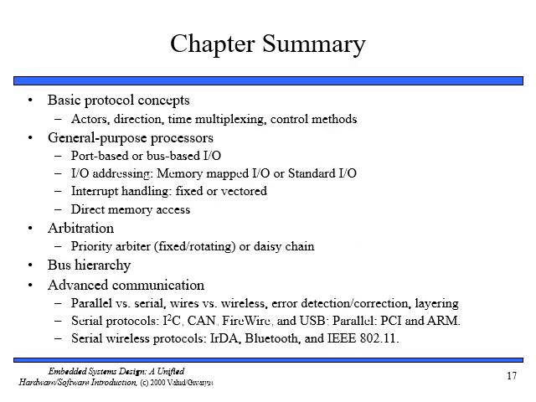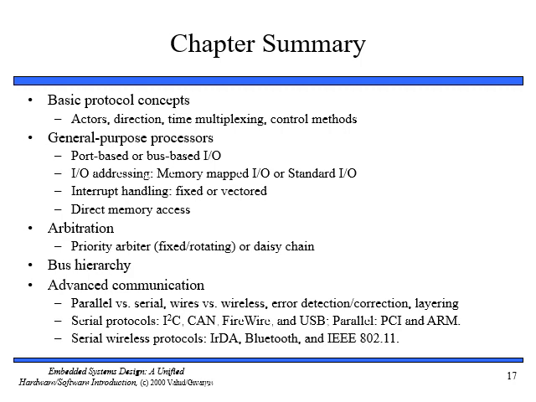So in this chapter we talked about the basic protocol concepts: the actor, direction, time multiplexing, control methods. We talked about general purpose processor interfacing, that is port based, bus based. We talked about IO addressing, that is memory mapped IO, standard IO. We talked about interrupt handling, in which we covered fixed or vector based interrupts, and also the compromise between fixed and vector, that is the vector table. We also talked about direct memory access.